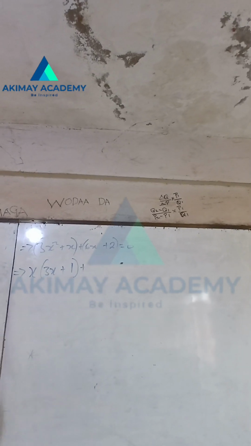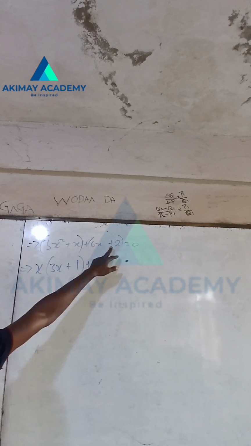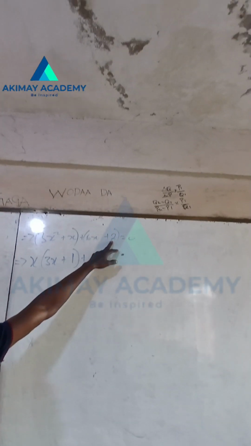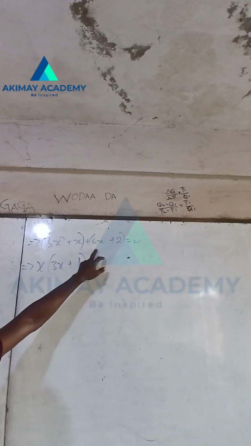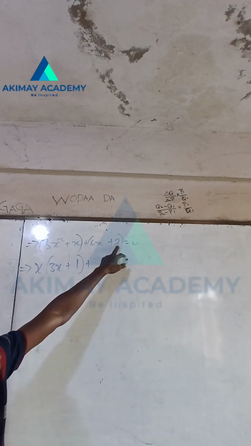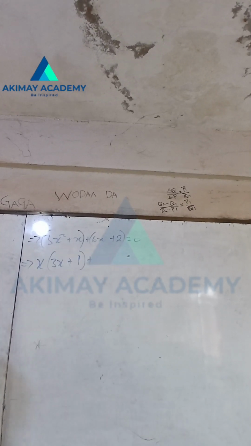Plus, over here there's 6 here, there's 2 here. Now 2 is a factor of 6, so 2 can come out. Now there's x here, there's no x here, so it means x cannot come out. So let's bring 2 out.